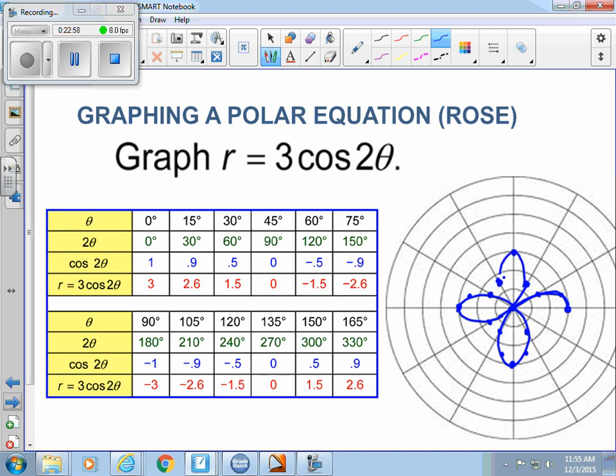And then 3. 0, good. 315 is 0. What about 330? 1.5. And then 360 is 3. So we got a rose curve. So that was kind of fun.